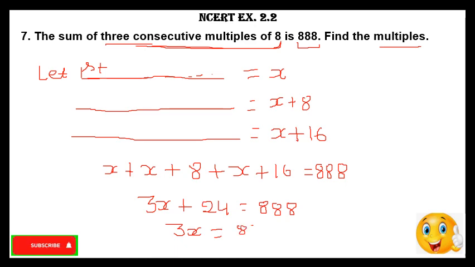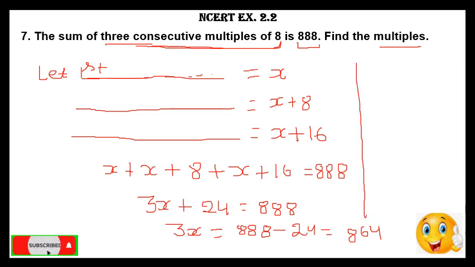888 minus 24. The difference gives 864. So 3x is equal to 864, and the value of x will be 864 divided by 3.